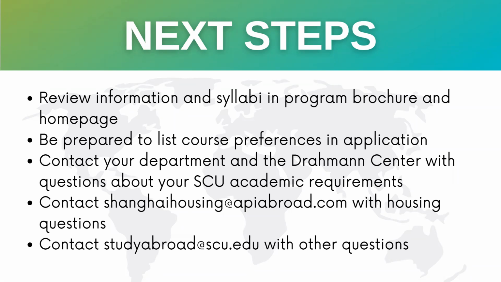And while these, again, don't guarantee that you'll be in these courses, the more accurately you can put the courses that you are interested in, the better that API and ECNU can prepare for courses based on student interest. So you don't want to just pick any old course, because if those are what end up being offered and you don't actually have interest in them, that's not going to work well for you when it comes time to actually enrolling in the classes.